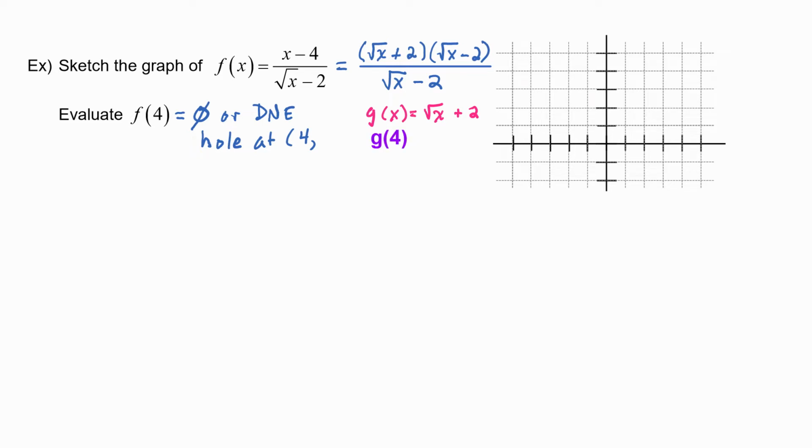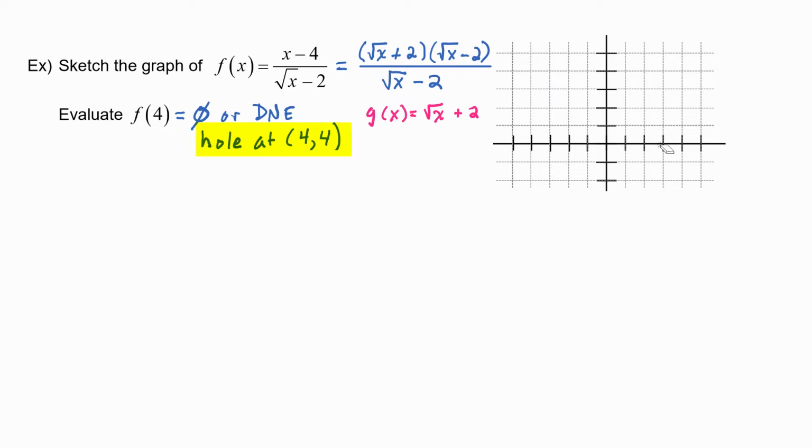So if we do g of 4, we would get square root of 4, which is 2, plus 2, so that's 4. So we know the hole exists at the point 4, 4.